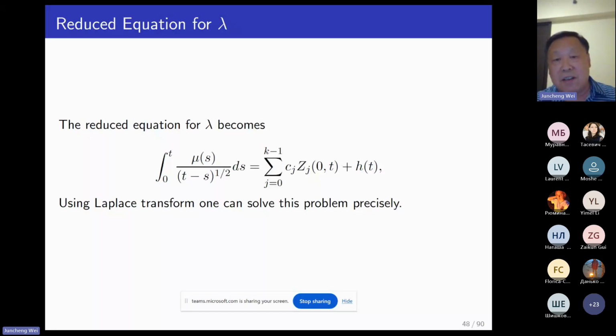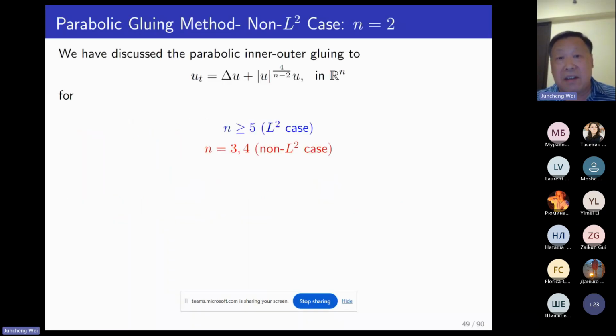For dimension 4 and 3, you have to use a construction to construct a solution. And finally, another case is dimension 2. Dimension 2 is where, as the dimension gets lower, it gets more difficult. We have discussed the parabolic outgoing for dimension 5, which is the L2 case, and dimensions 3 and 4, which is the non-L2 case.